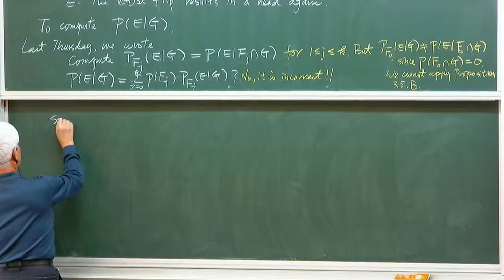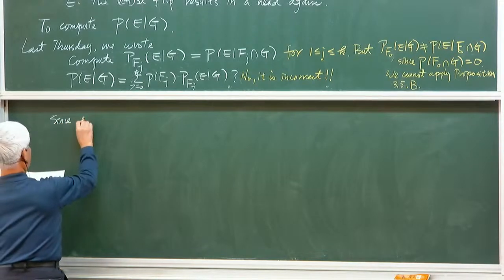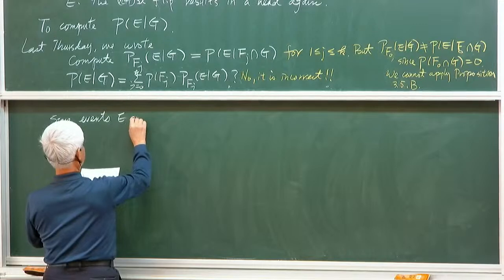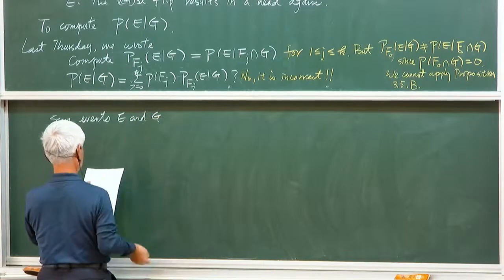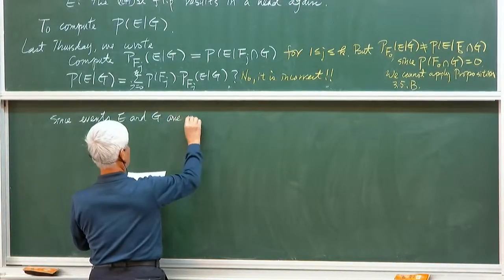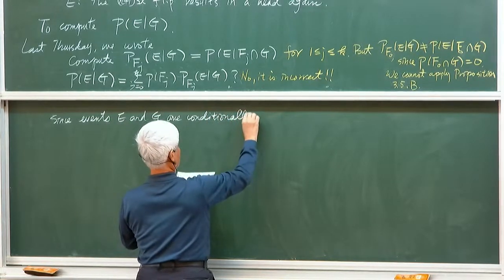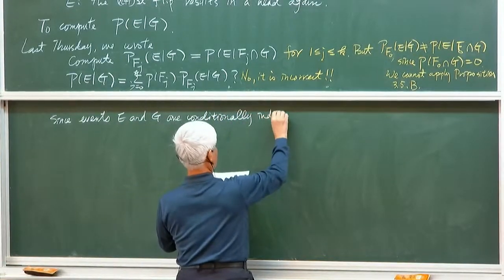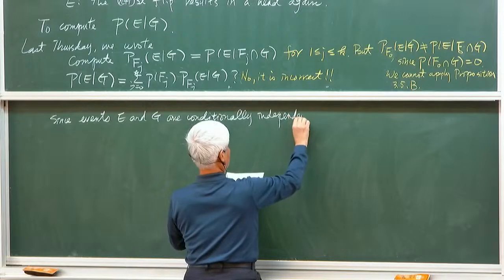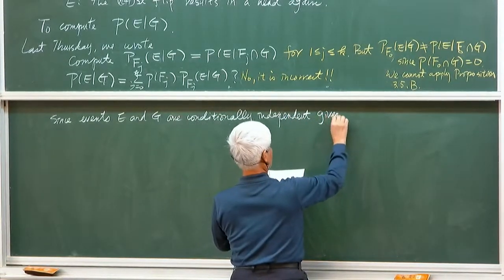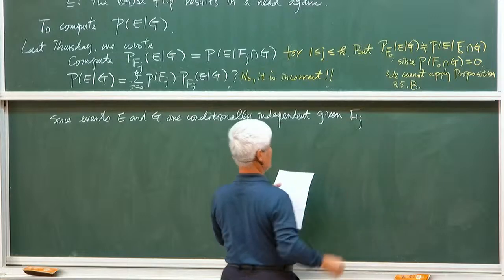Now, since events E and G are conditionally independent, given the jth coin is selected.